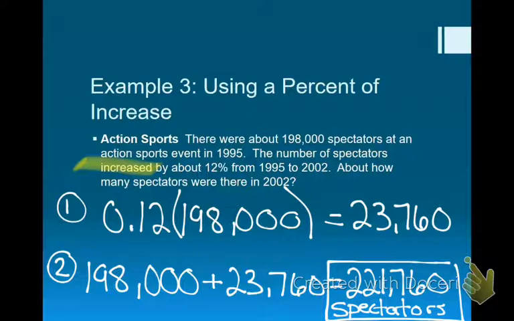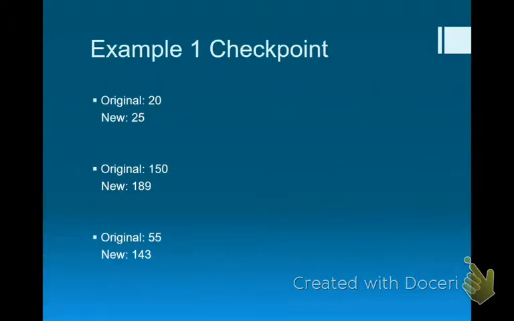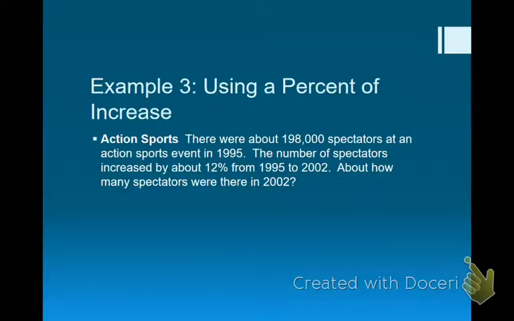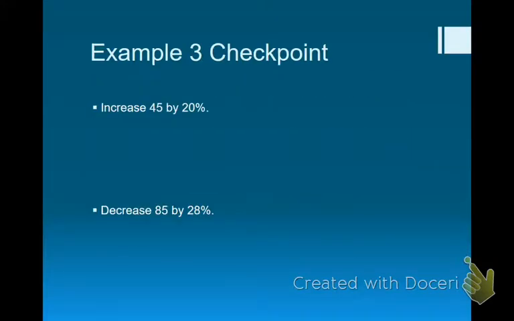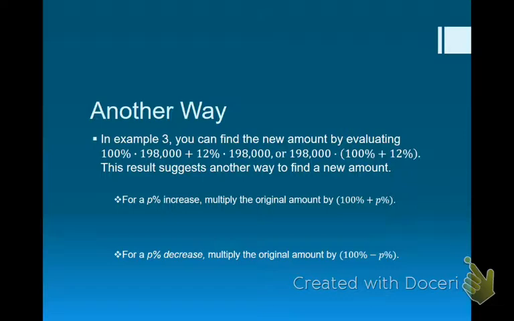In example 4, instead of changing the percent to a decimal to start with and multiplying, what they do is they use the baseline of 100% and they add or subtract whatever that percentage is.